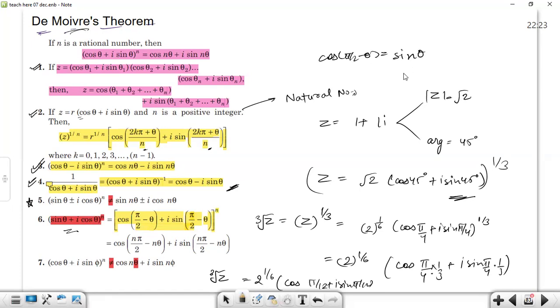So similarly, sine theta can be written as cos of pi by 2 minus theta. We have done the same, and then we'll apply De Moivre's theorem. Clear? Yes, sir. Great. Let me save the file first.